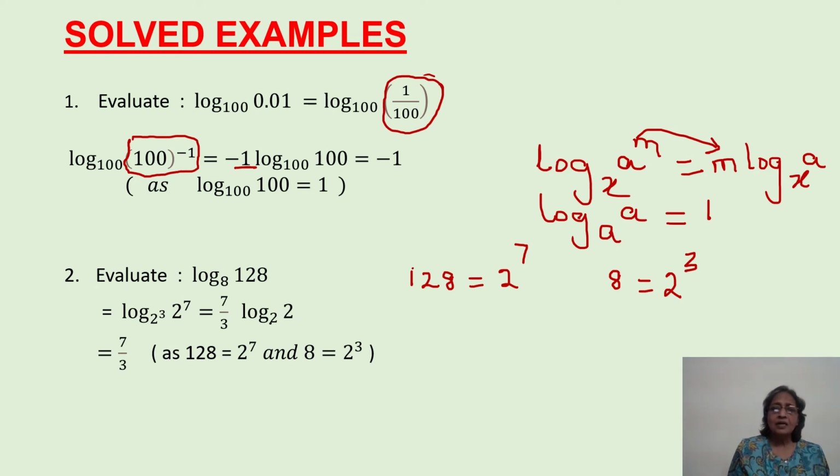Now, using our law, the 7 and 3 become 7 upon 3 log 2 to the base 2. Now you know log 2 to the base 2. We are using the same law that we used here. This becomes 1. So your final answer is 7 upon 3.